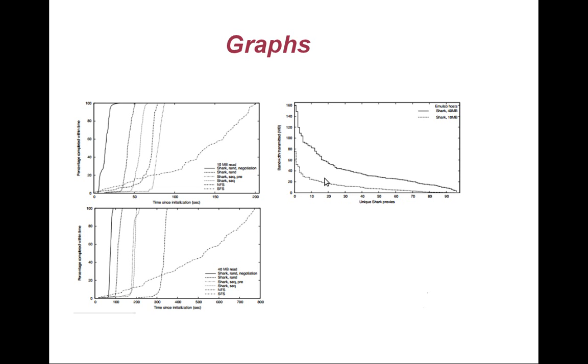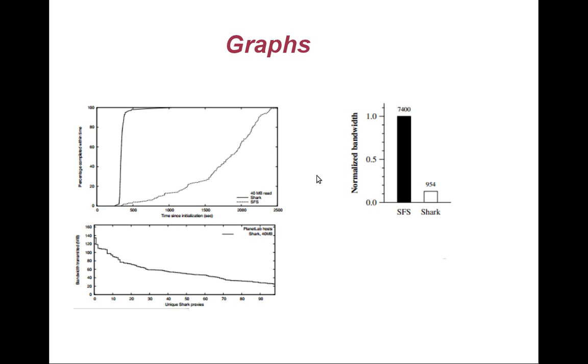And this is the proxy bandwidth usage on the Emulab machines for 40 megabyte files and 10 megabyte files. This is the client latency for 185 hosts who finish reading a 40 megabyte file, between Shark and SFS.